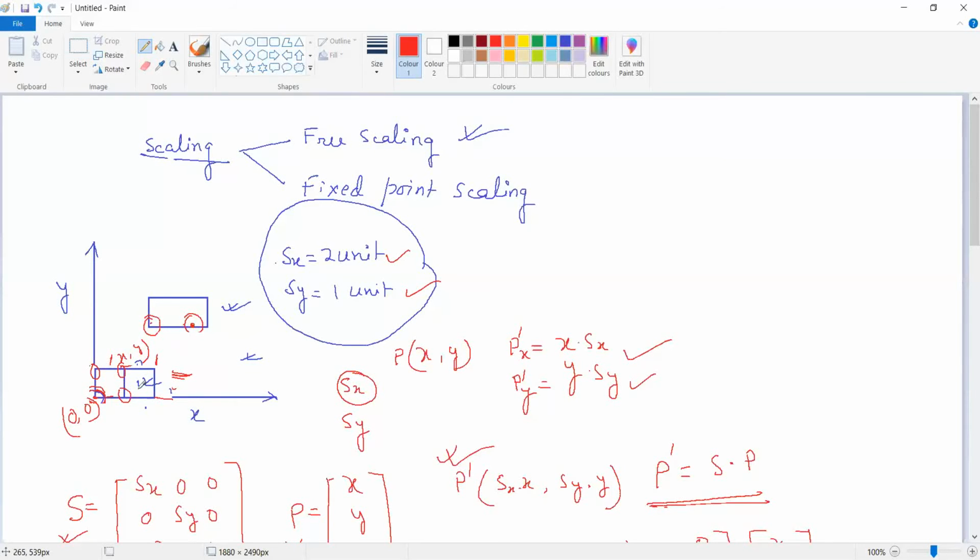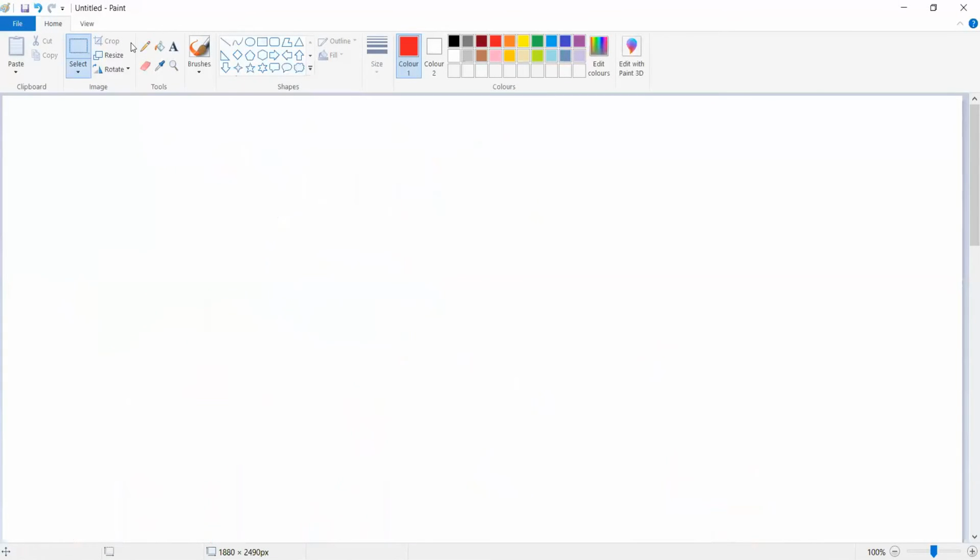Okay, so let me draw the diagram more clearly. Then it will be very easy for you to understand.